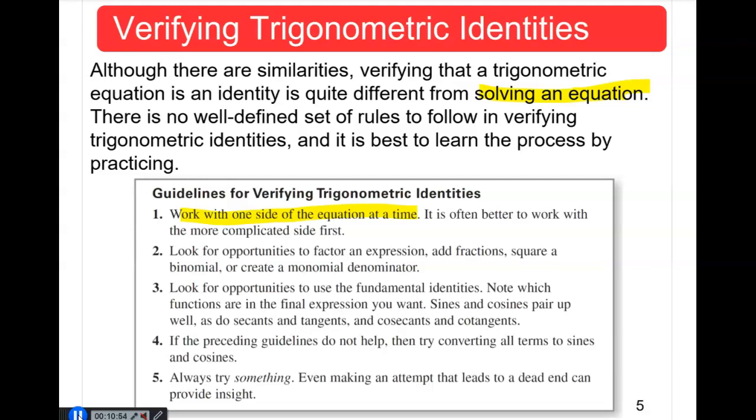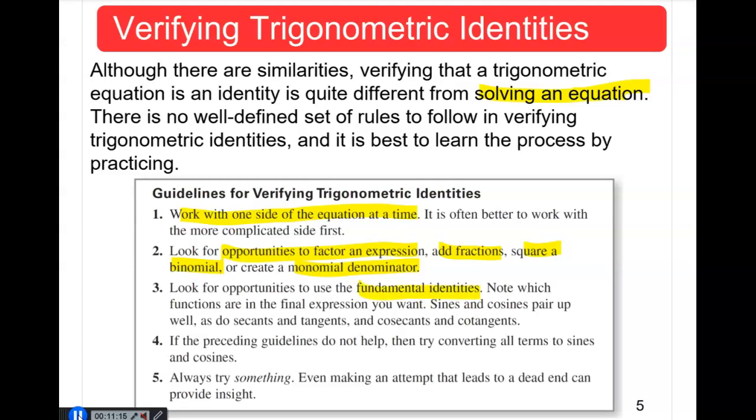Number two, look for opportunities to factor, add fractions, or square a binomial or create a monomial denominator. Then number three, look for opportunities to use the fundamental identities.